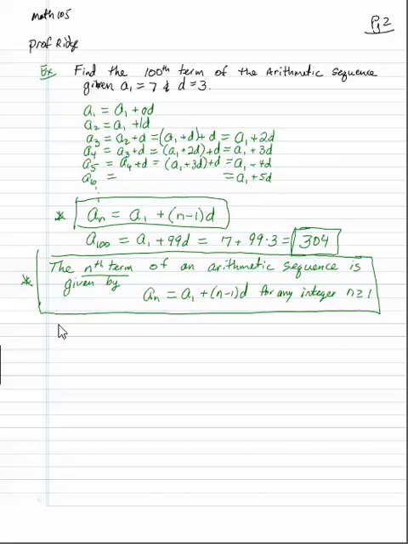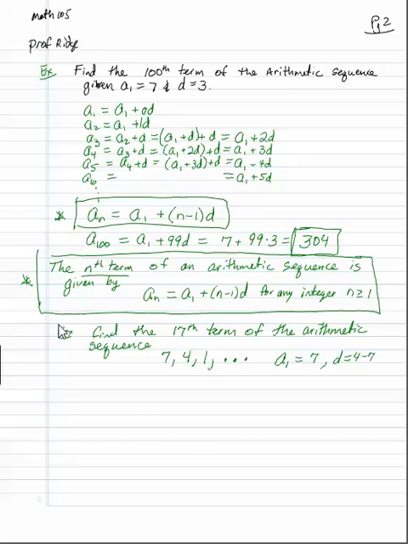Okay, so let's do another example. Find the 17th term of the arithmetic sequence: 7, 4, 1, and so on. So we can see that a sub 1 is 7, and d is 4 minus 7.